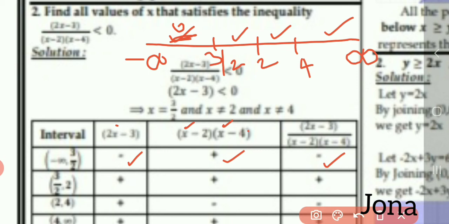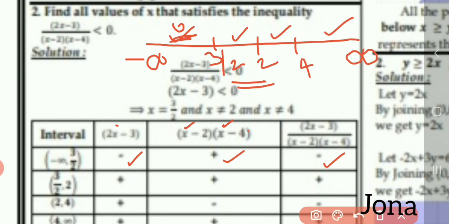So here minus divided by plus is minus. Okay. And then in the interval 3 by 2 to 2, I want to take some other number. We can take 1.5 or something above 1.5, or 1 will be there. Above 1.5 I can take some other numbers. Here 3 is there.